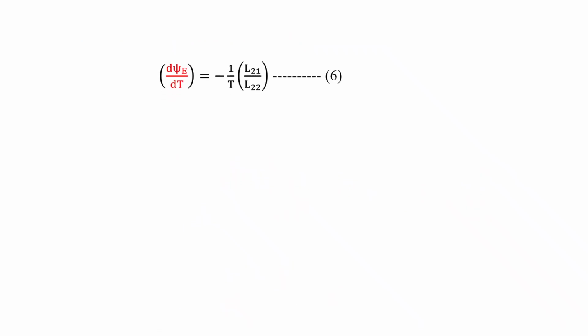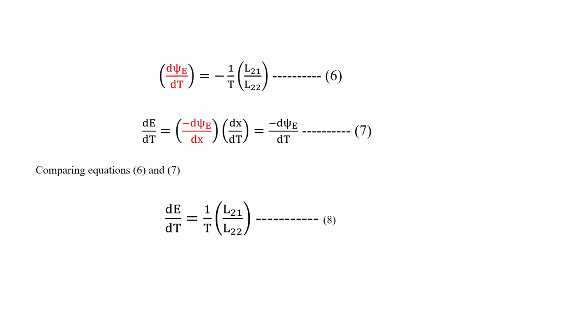So here you can see this is equation 6 and this is equation 7, which we have derived in the previous slide itself. So comparing equations 6 and 7, dE by dt is equal to minus dψE by dx into dx by dt, that is equal to minus dψE by dt.